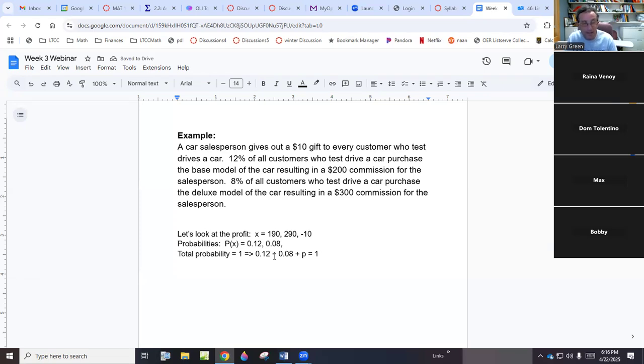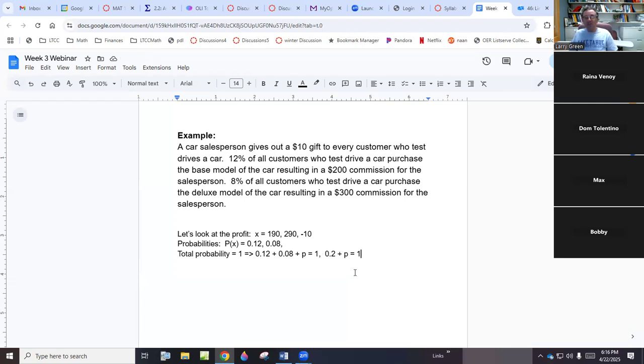And now I get to do a little bit of math. So 0.12 plus 0.08 is 0.2. 0.2 plus P equals 1. Any questions on this little basic math that we're doing?